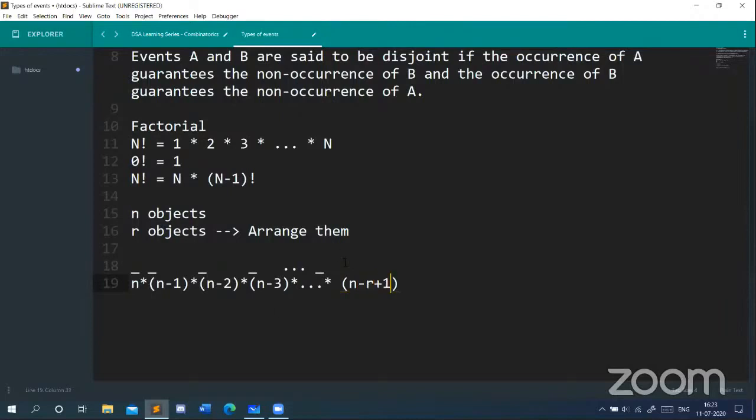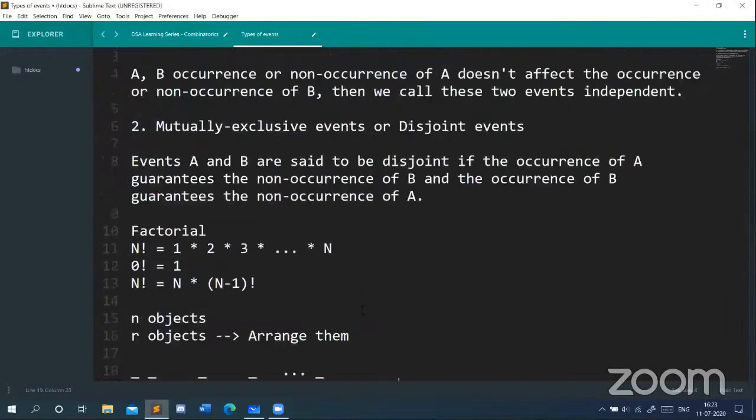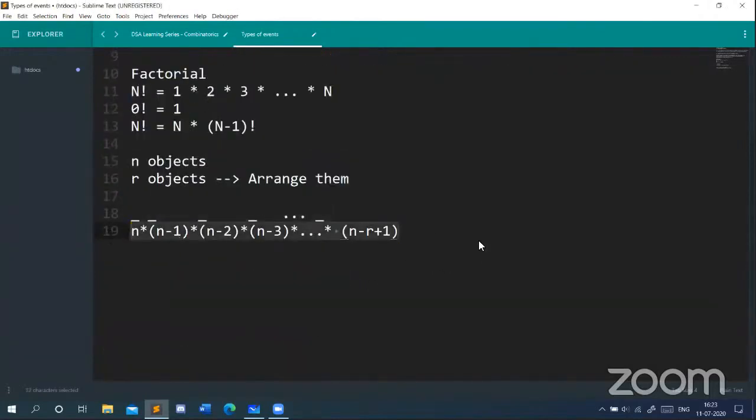Why is that? It's because I have r blanks. So I don't have n blanks, but I have r blanks. So this thing is my answer, but I'd like to represent this in terms of factorials. Let me explain the plus 1. For the first blank, it's n. For the second blank, it's n minus 1. For the third blank, it's n minus 2.